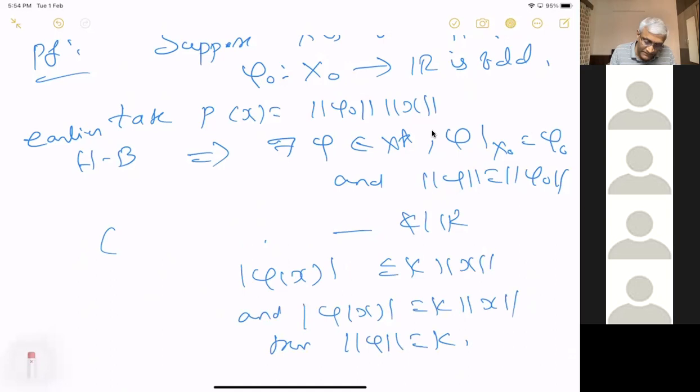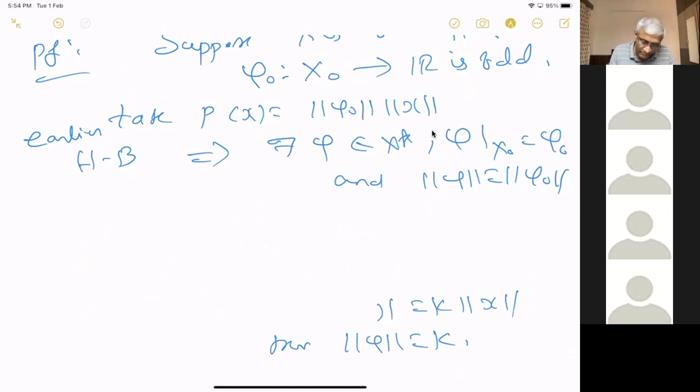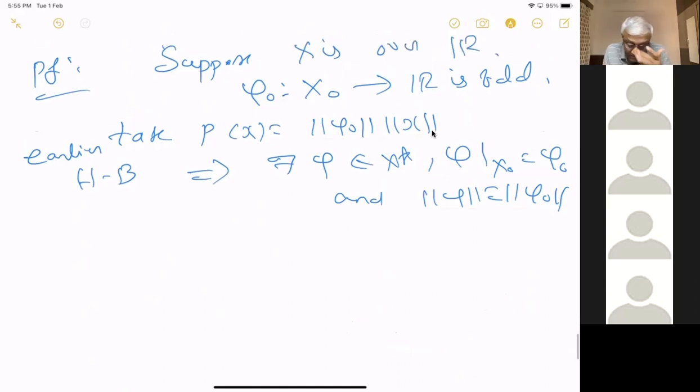I assume you know all these things. So here, you initially had a phi naught which is defined on a subspace.